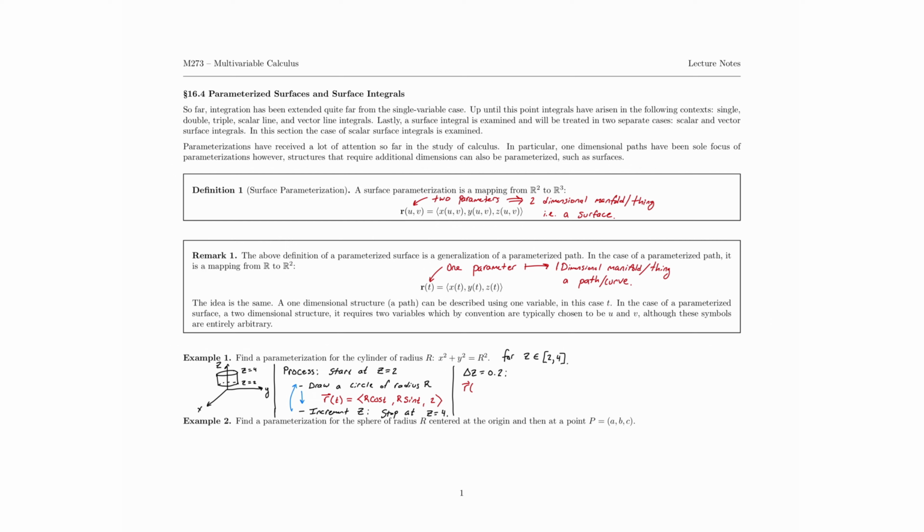I won't draw the r of t, I'll just say this would still be r cosine of t, r sine of t, but now this would be 2.2. And then the next one would be r cosine t, r sine t, and then 2.4, and so on and so forth.